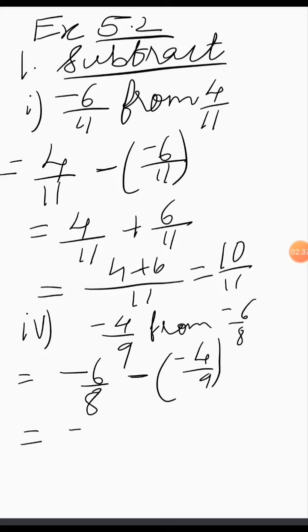So here it will be minus 6 by 8, minus into minus, plus 4 by 9. And now you know the denominator is not the same, so we find the LCM. What is the LCM? 72. So here you will write 72.